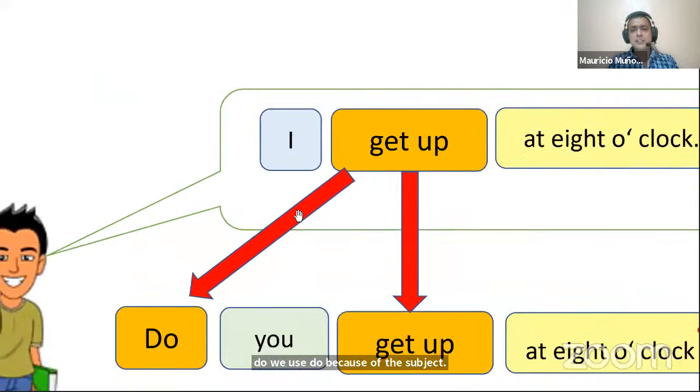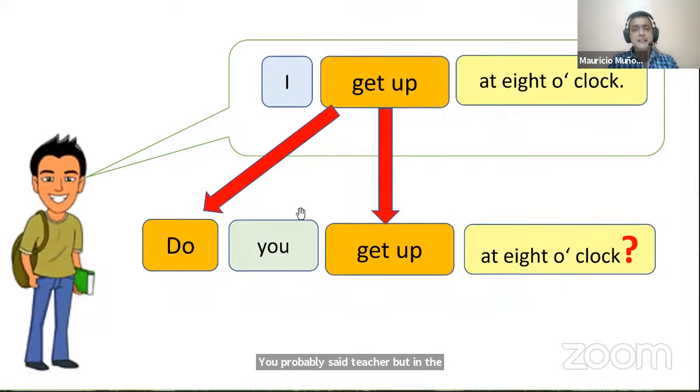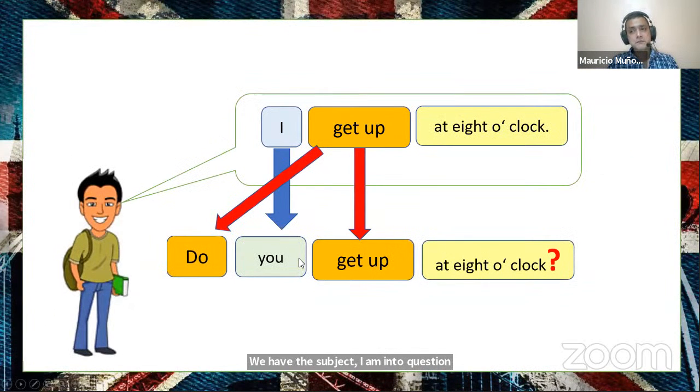You probably said teacher, but in the affirmative sentence, we have a different subject. We have the subject I, and the question is different. It's you. So in the question, sometimes we switch. En las preguntas, comúnmente cambiamos el sujeto, salvo que usted mismo quiera preguntarse, disculpe, ¿podría responderme algo? Y otra persona le dice, claro, por supuesto que sí. Y usted dice, ¿a qué hora me levanto?